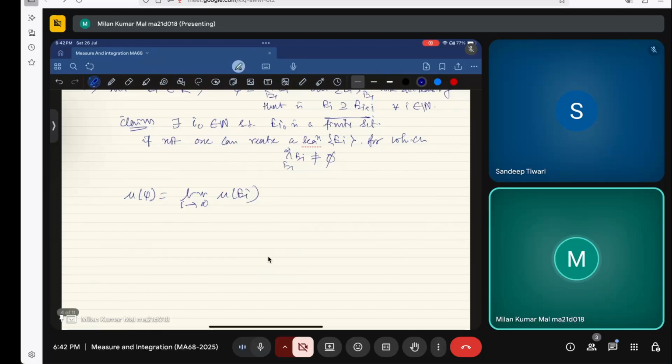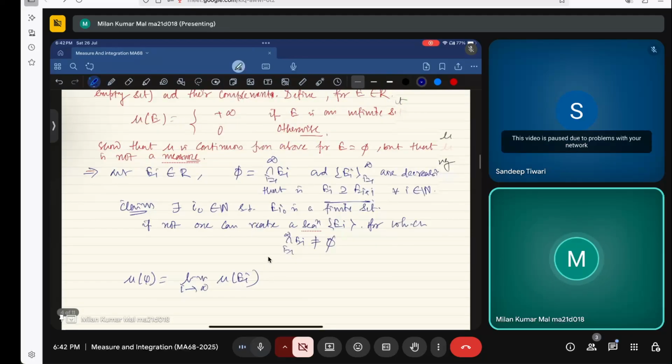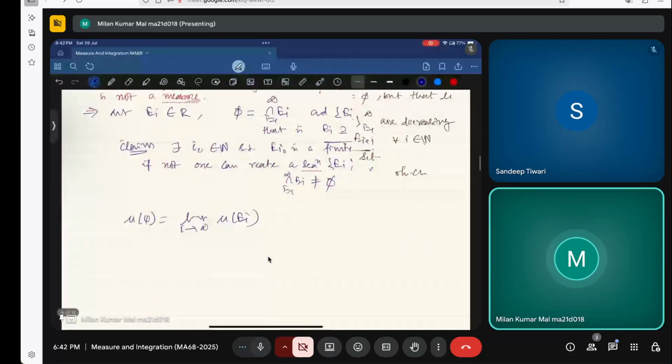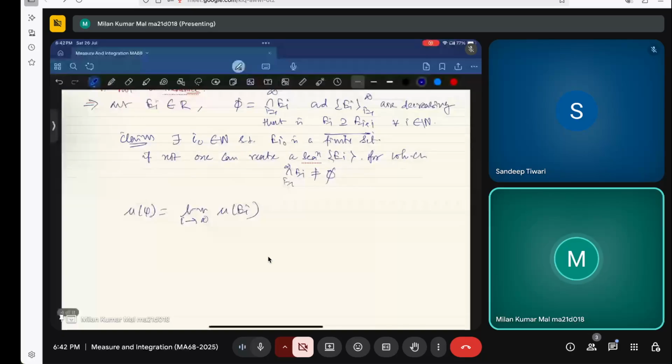According to the question, mu of the empty set is 0, because if the set is infinite, the measure will be infinite, otherwise it is 0. So it is enough to show that mu of E_i is 0, and for that it is enough to show that E_i is finite after some point.